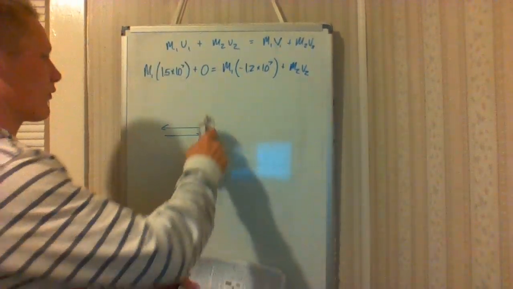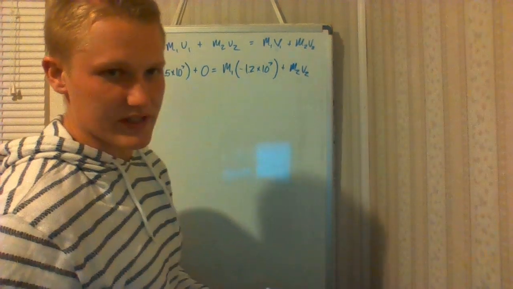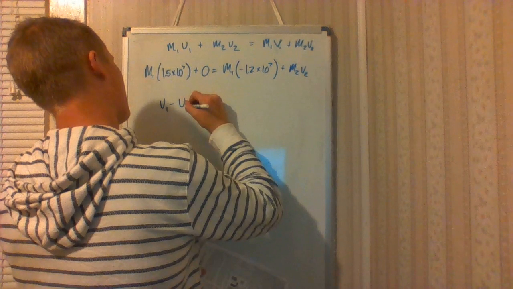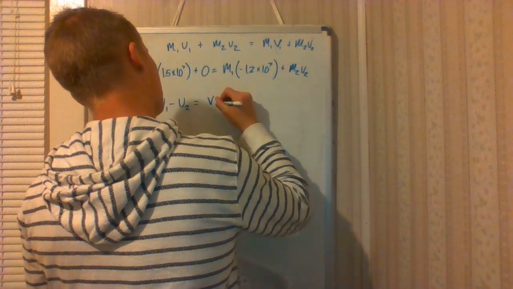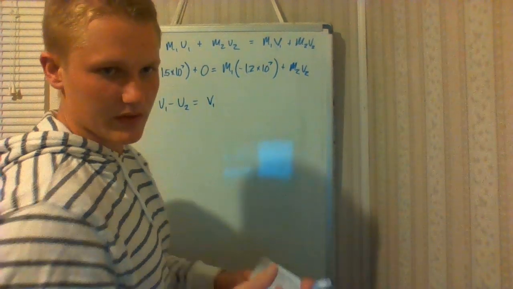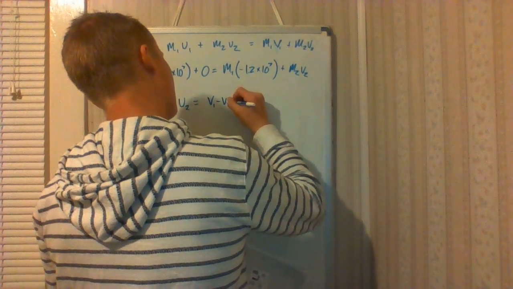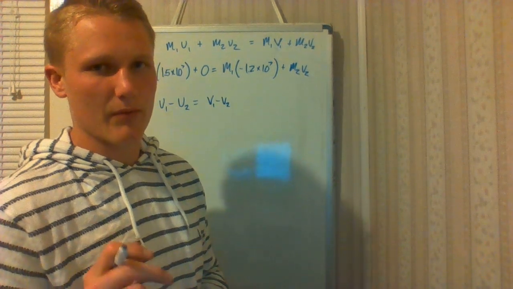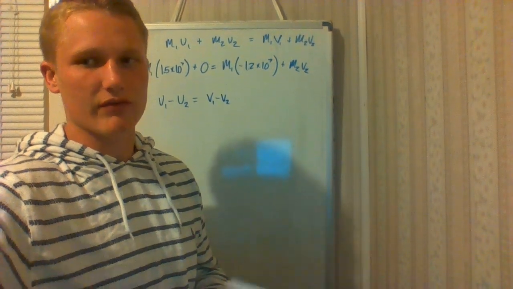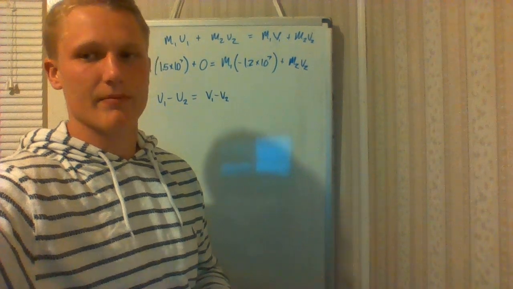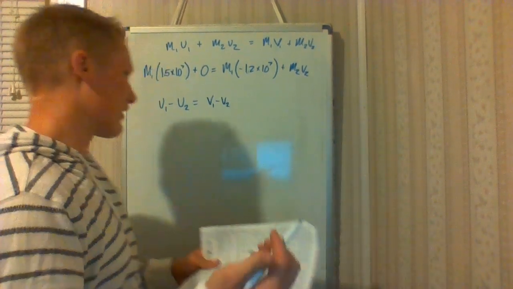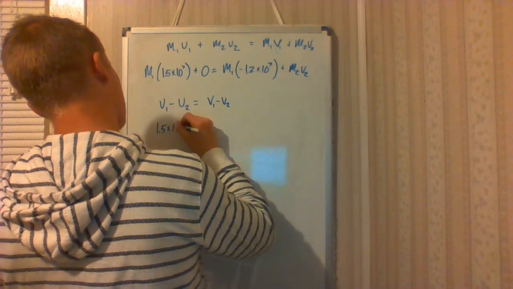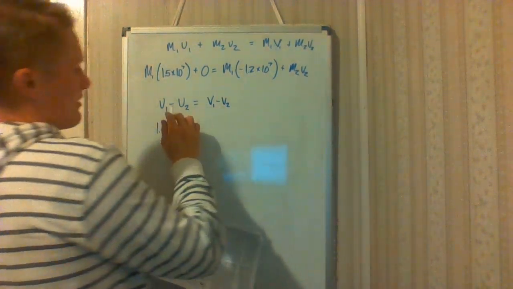And for part A, we can use the equation u1 minus u2 equals v1 minus v2. We have most of the values for that, so we can solve for the velocity that we still need. So again, we can plug in our values. 1.5 times 10 to the 7th.